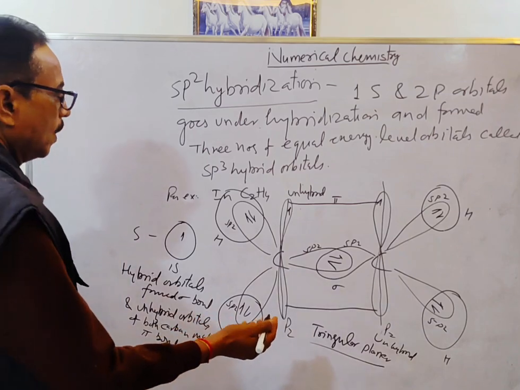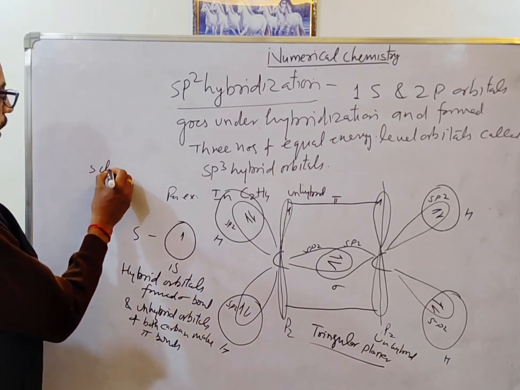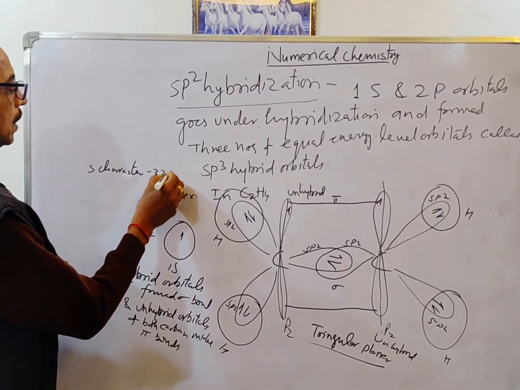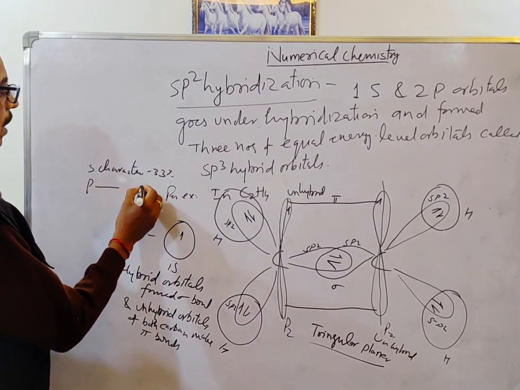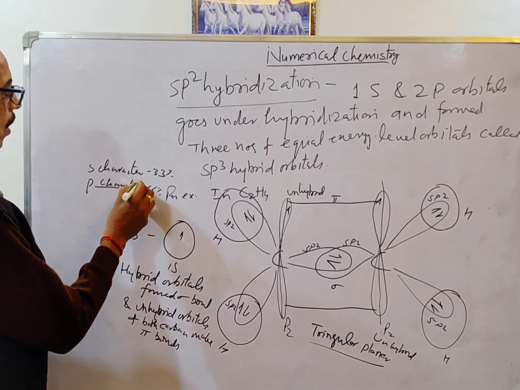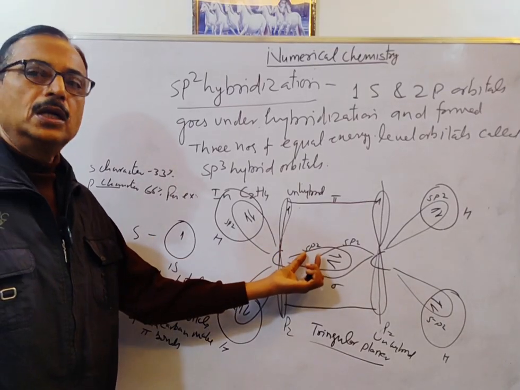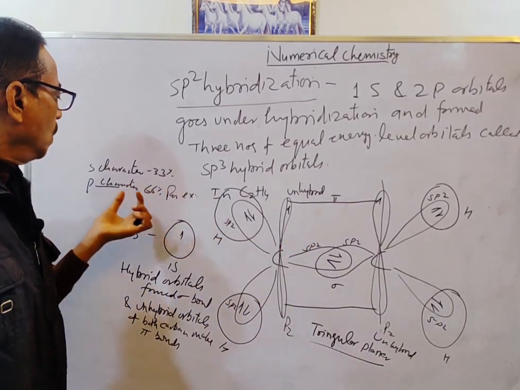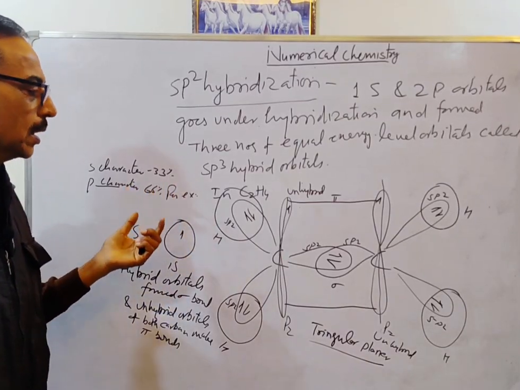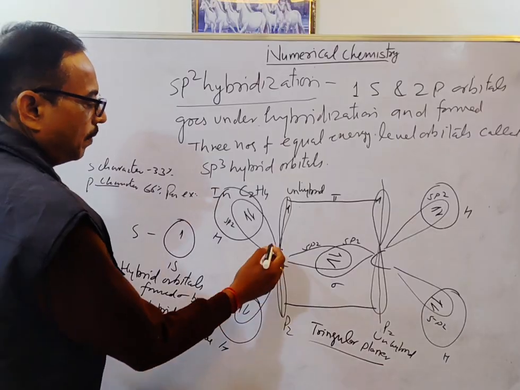And here write down again S character 33%, P character 66%. You understood sp3, just percent of. So S character 33, P character 66%. The shape will be triangular planar and the bond angle will be 120 degree.